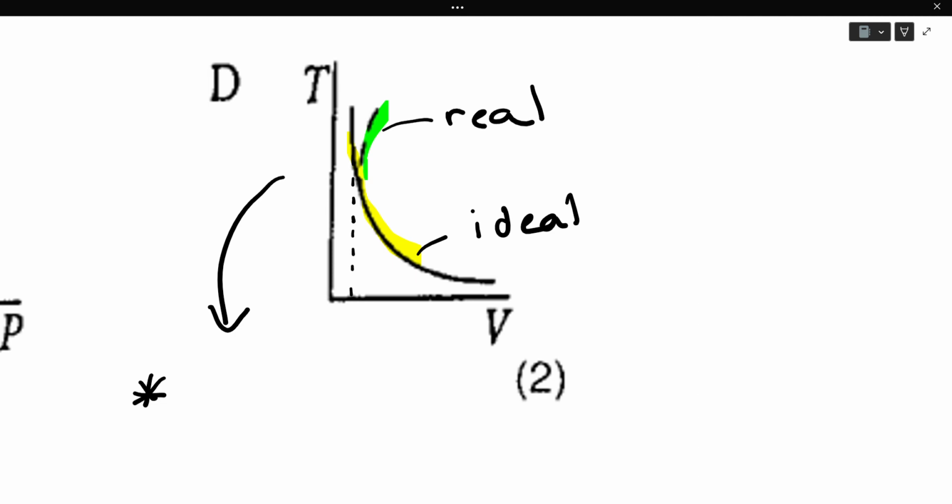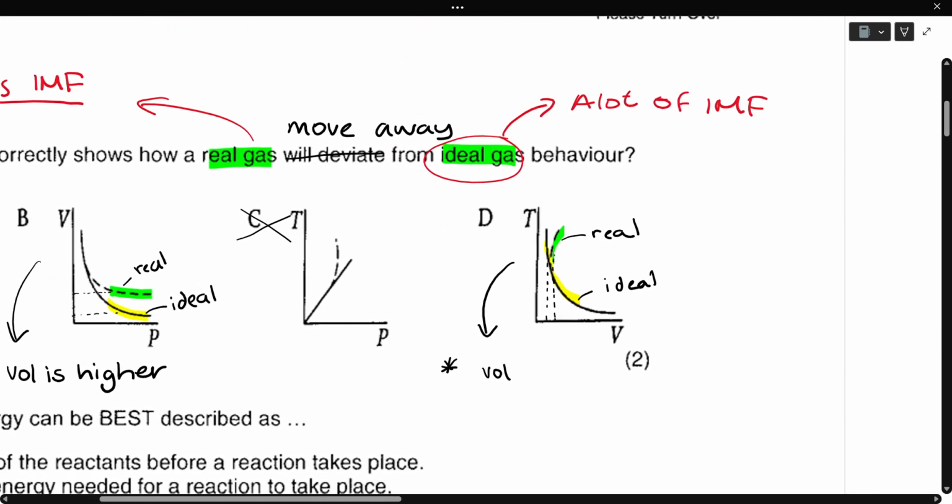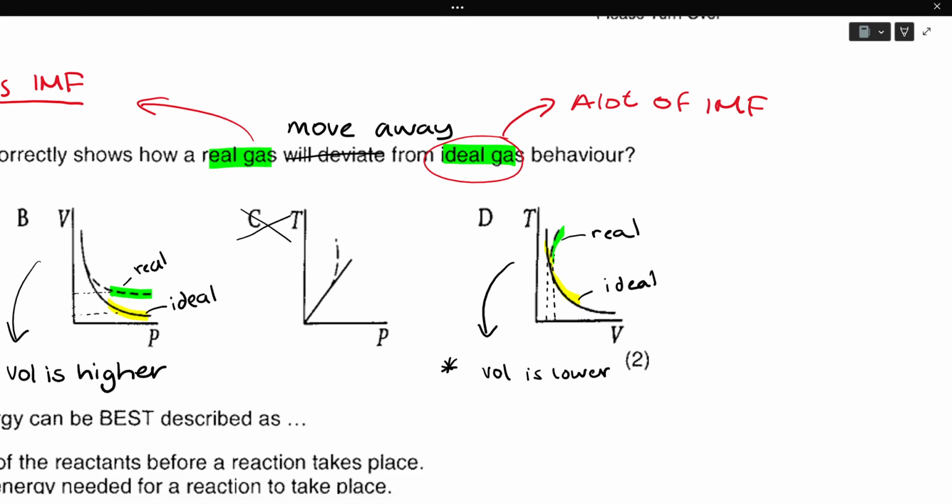If we draw a dotted line coming down, we can see the real gas, let's talk about the real gas. Okay, so here your volume is lower.